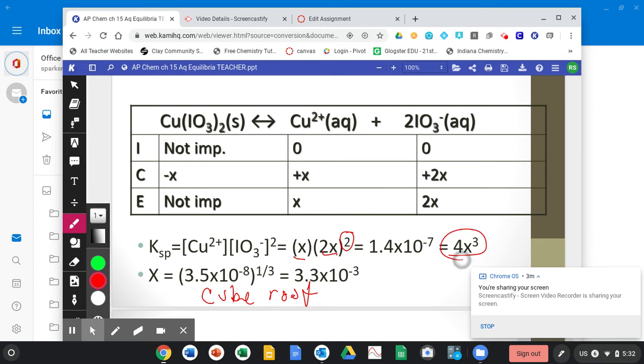So you're going to end up with 4x cubed in the numerator, and there is no denominator. So you're going to take the cube root of the Ksp value, and that tells you that the concentration of copper(II) is going to be 3.3 times 10 to the minus 3rd, and this is going to be 6.6 times 10 to the minus 3rd. That would be double the amount.